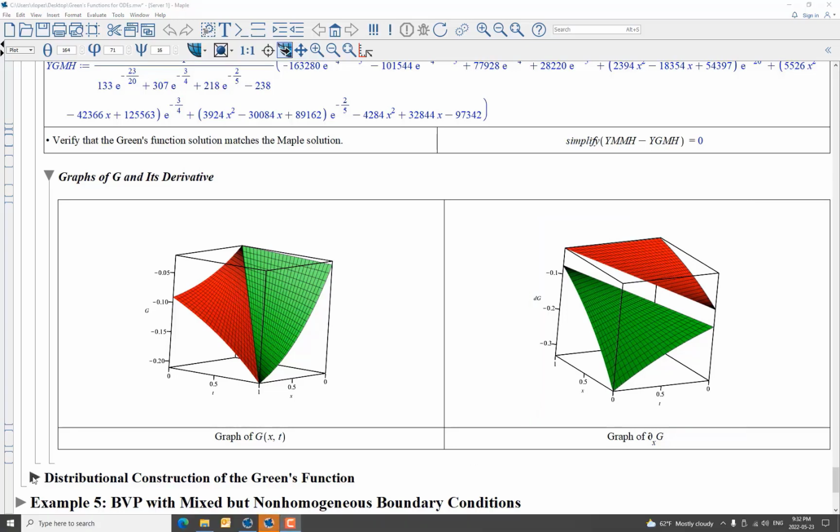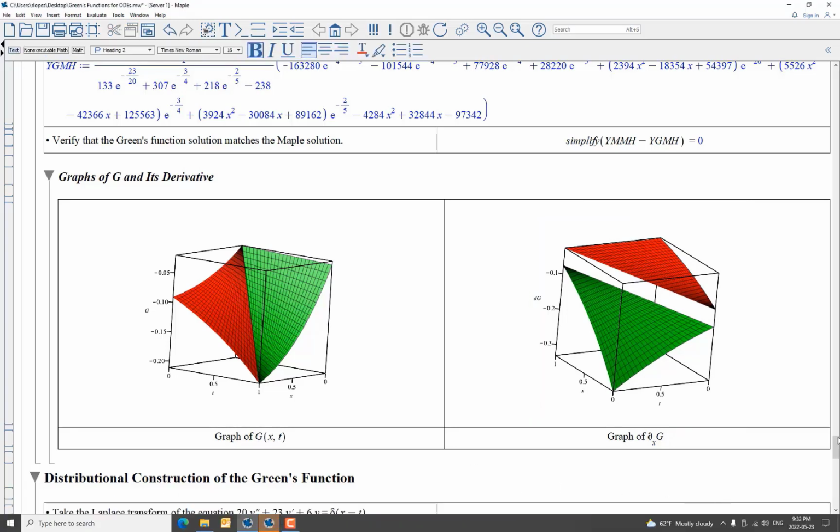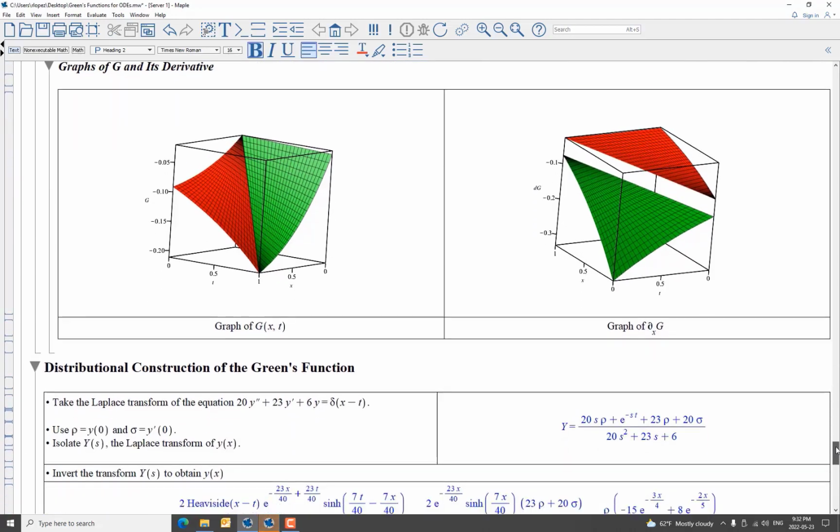A distributional approach to constructing this same Green's function works here because the coefficients are constants, and so we can use the Laplace transform and the delta function stuff will work. But we don't know initial data, so we treat those as unknowns. Y at 0, rho. Y prime at 0, sigma.